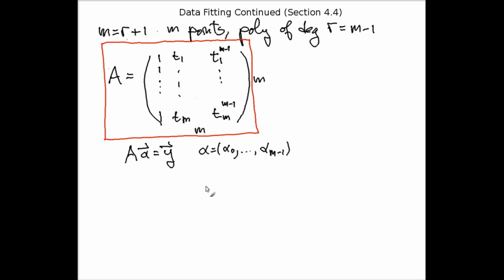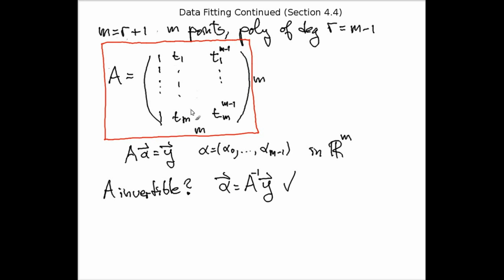And so here we are in a fairly comfortable, familiar situation. This is an m by m matrix, and these are all m vectors, and I'm trying to solve an equation in Rm. I said on the previous screen, this has an exact solution. Well, the only way that can be is if A is invertible. Because then if A is invertible, you can simply take alpha is A inverse y.